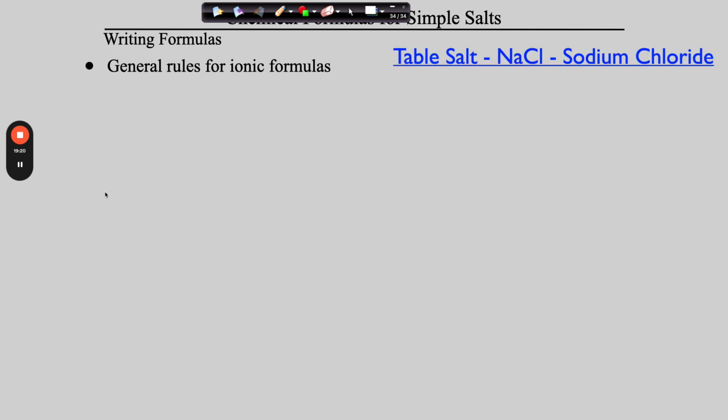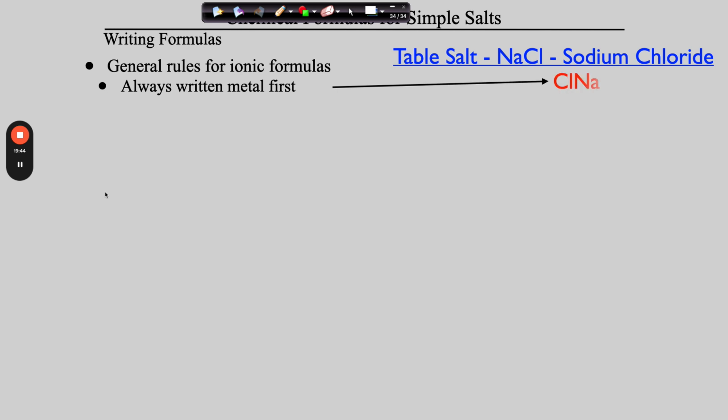What we're going to do is we're going to let table salt, which is NaCl or sodium chloride, lead us to these rules because guys, these rules we actually already know. So rule number 1 is this. When we write chemical formulas, they're always written metal first. So guys, think about table salt.